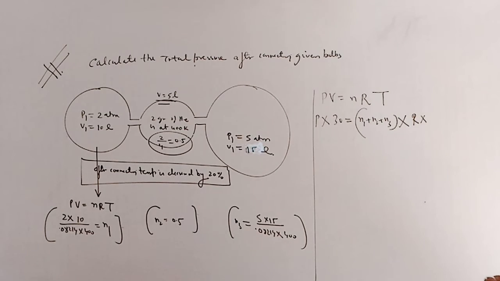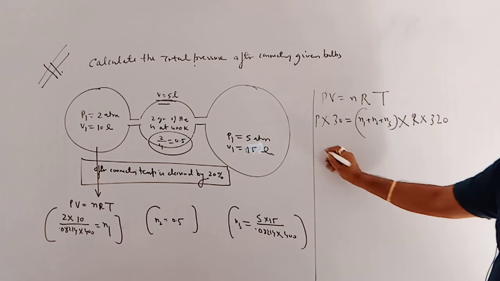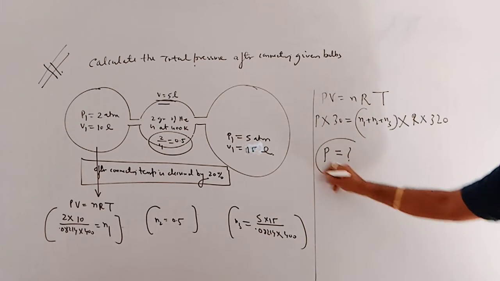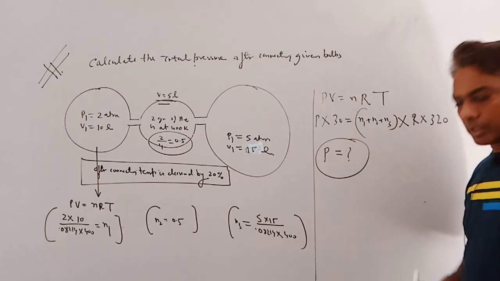So initially we have 400 Kelvin. After a decrement of 20%, it will be 320 Kelvin. So we can easily calculate the total pressure after connecting these bulbs.